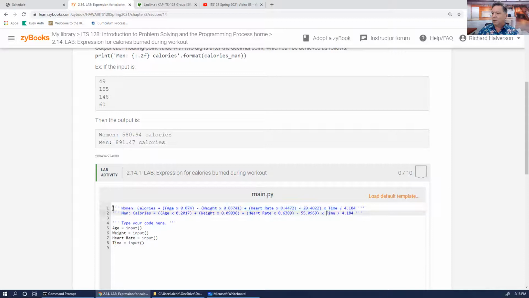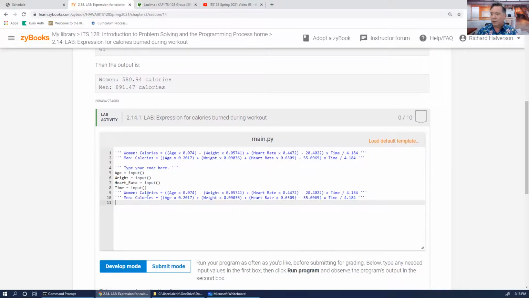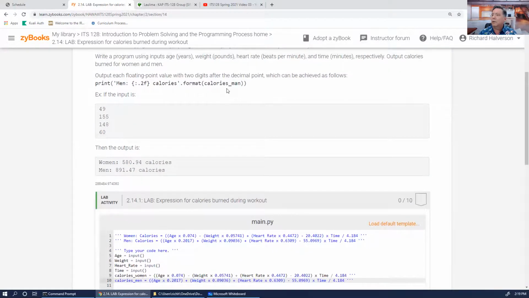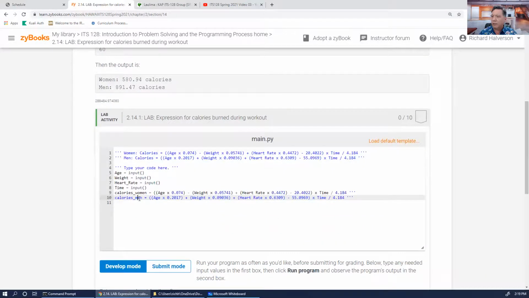And then let's see, let me just copy this over here. And I'm going to say this is calories woman. And this is going to be calories man. Right, calories man, woman. And I don't have these. Don't want this.